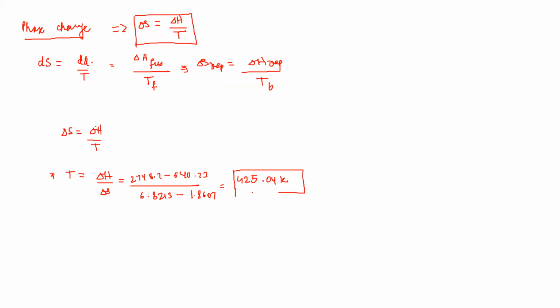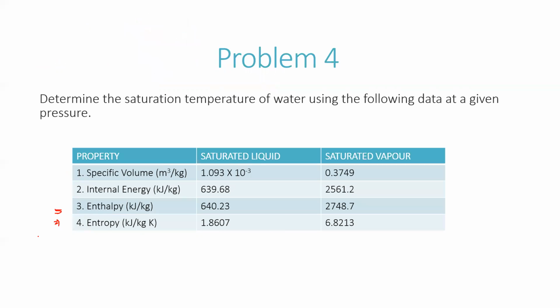And this can actually be verified from steam tables as well. You can just go to the steam tables and find at what temperature you get these data values. That is possible, but solving it using entropy made it very easy. Instead of searching for a steam table, we can use this data and directly find the saturation temperature. All right.